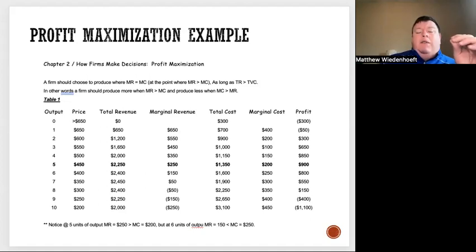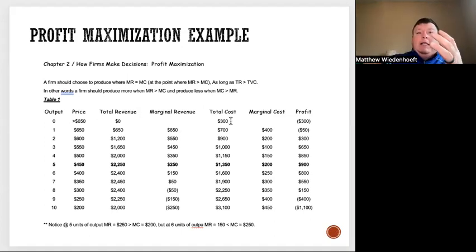So from zero to zero, there's no additional marginal revenue, so that's why that's blank here. There is no addition. And then the total cost. How is there still a cost if there is nothing output? Well, it's called a fixed cost. It's a cost that you incur regardless of the amount of output you have.